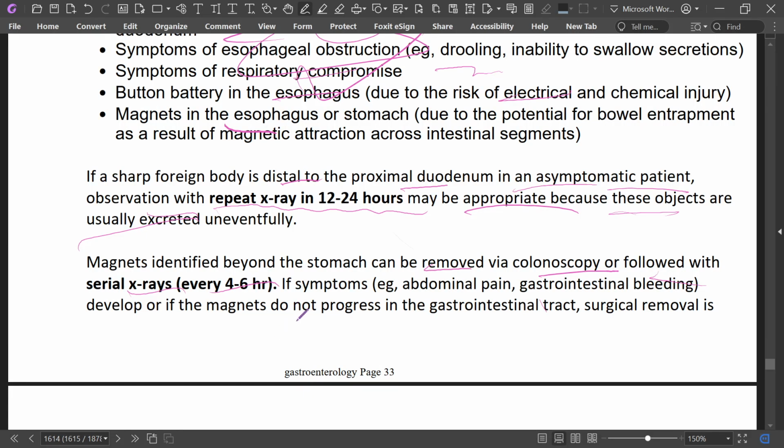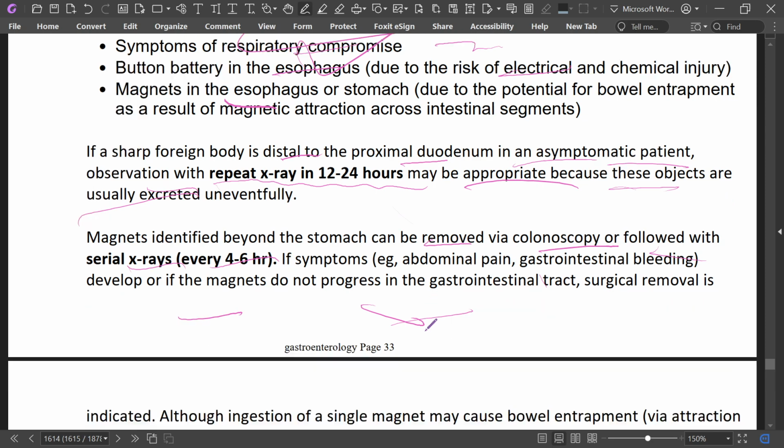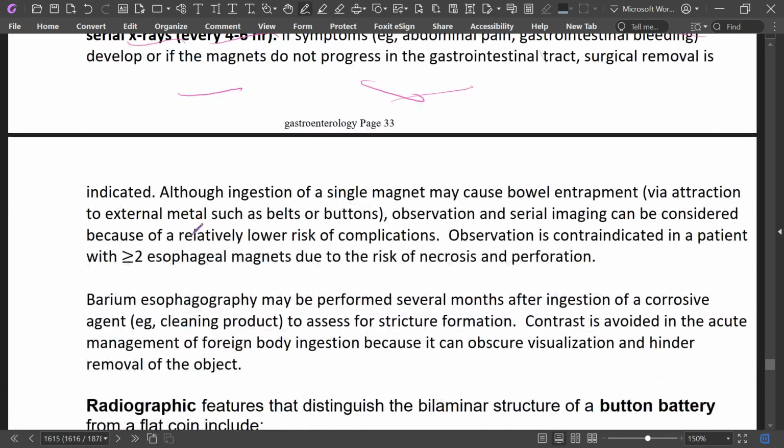If symptoms such as abdominal pain or GI bleeding develop, surgical removal should be done.